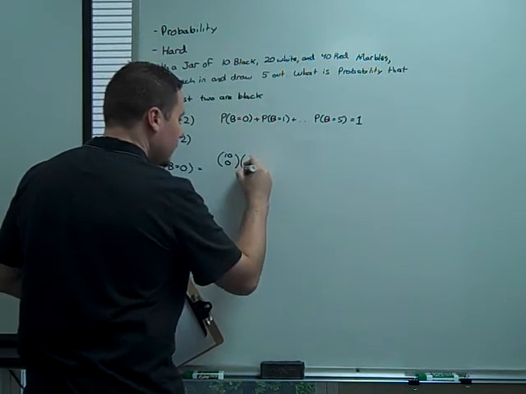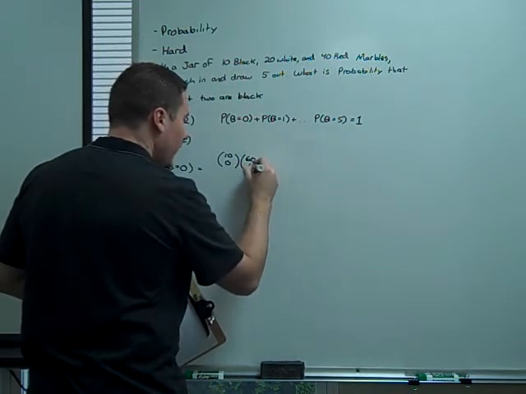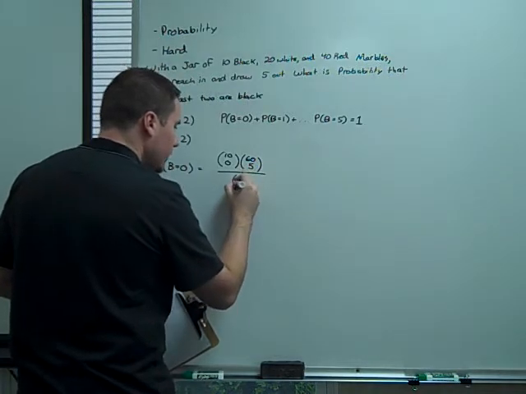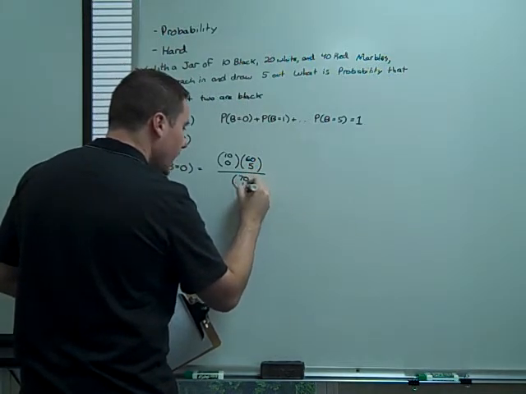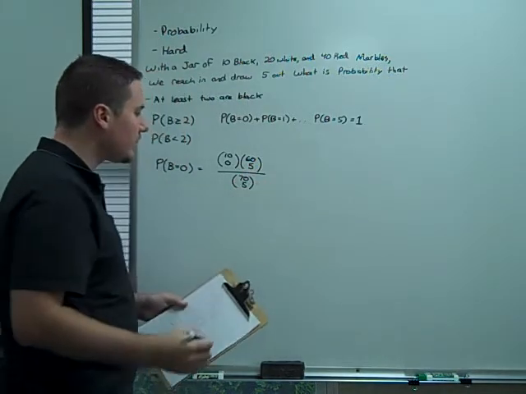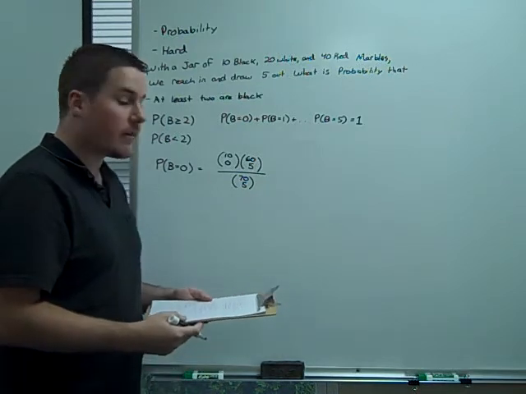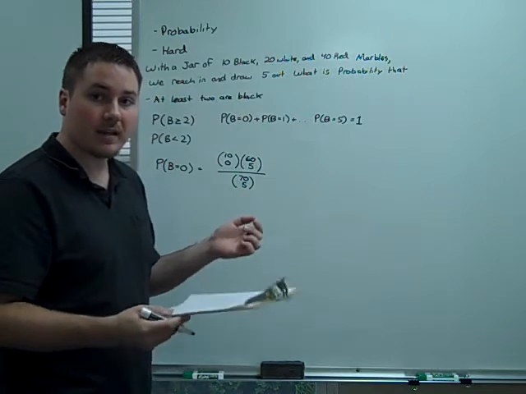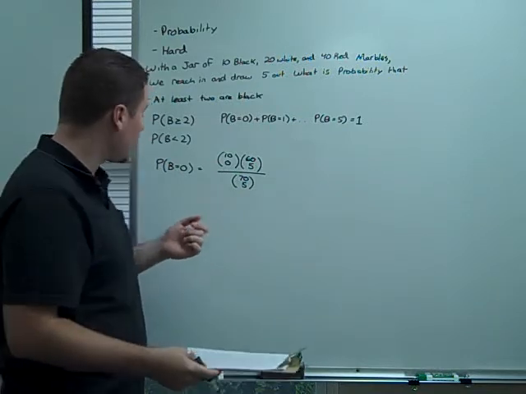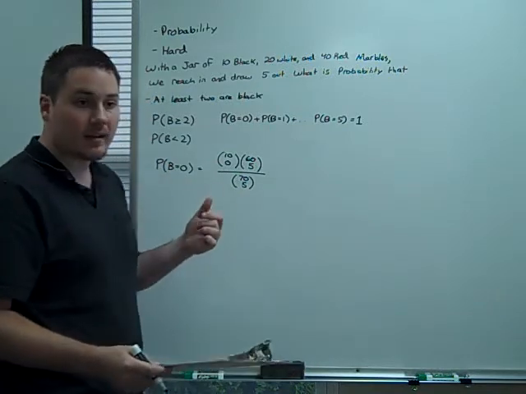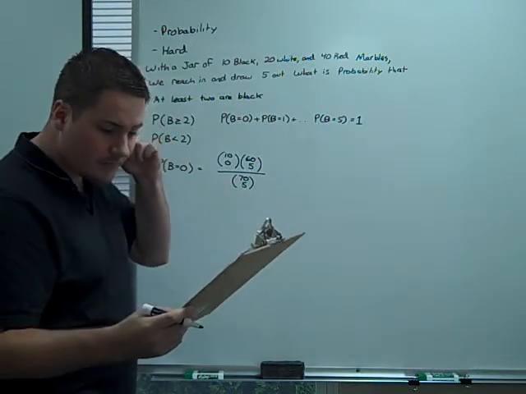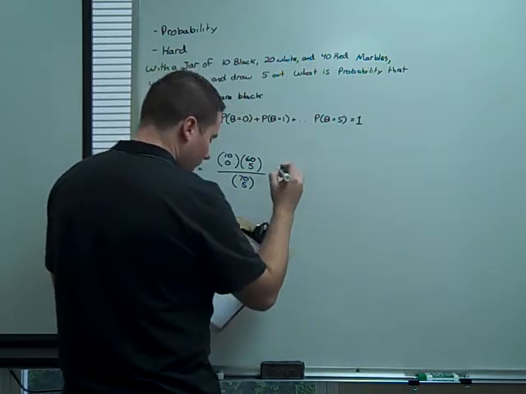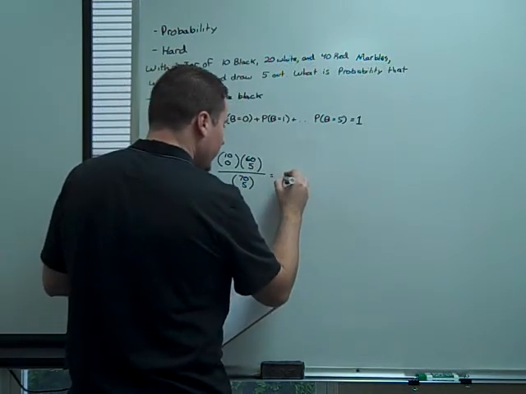So I'm going to have 60 choices for my 5 remaining marbles. And all of this is going to be over our familiar 70 choose 5, which is the number of ways that I can choose 5 marbles from 70 marbles. Now 10 choose 0 is 1. That makes sense. There's only one way that I can choose 0 black, and that's to choose 0 black. And when you work this number out, it comes out to be about 45%, or 0.451.